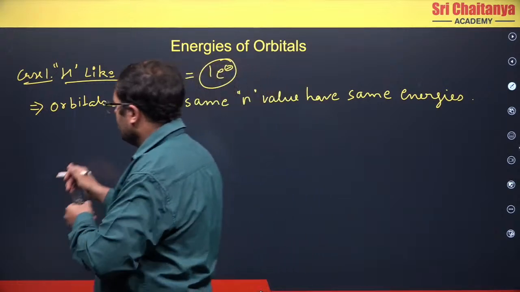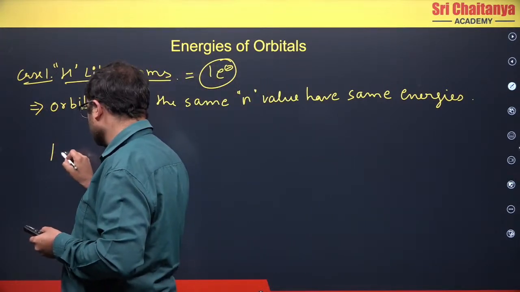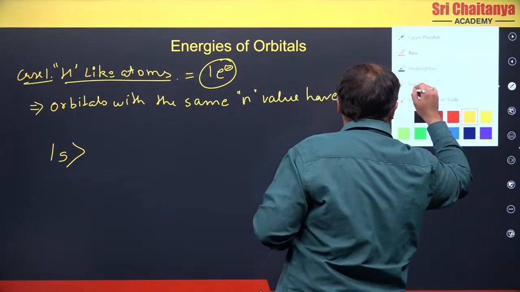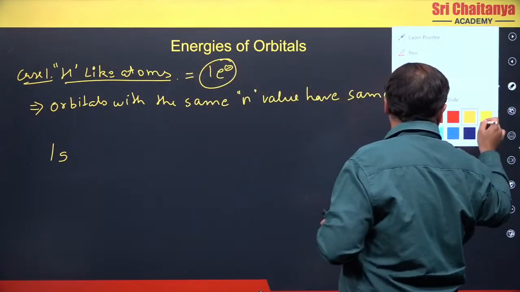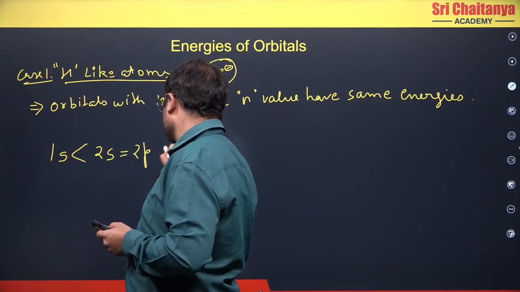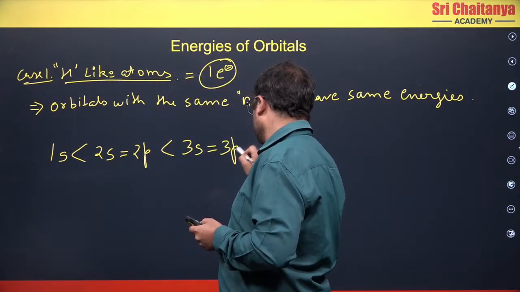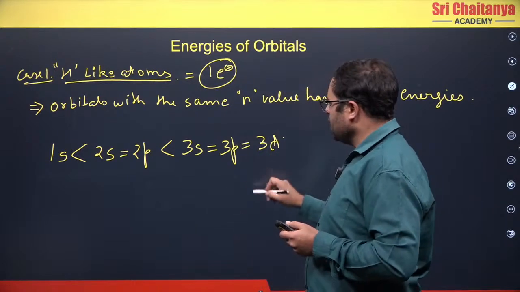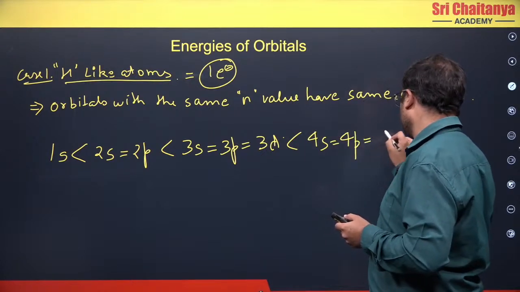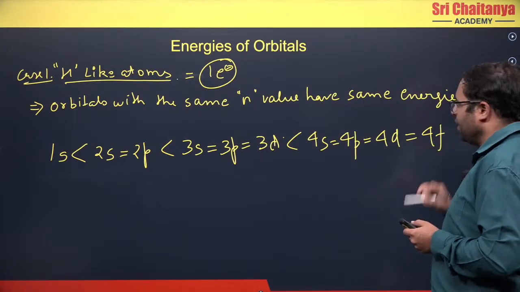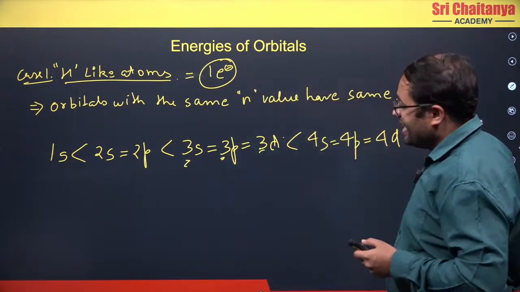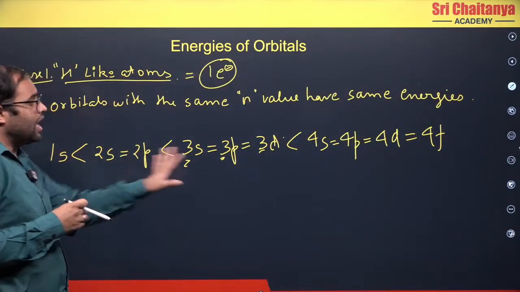So what I'm trying to say is, if you have 1s, 2s, 2p, 3s, 3p, 3d, 4s, 4p, 4d, 4f, you can see that if the orbitals have the same value of the principal quantum number n, the energies are the same.